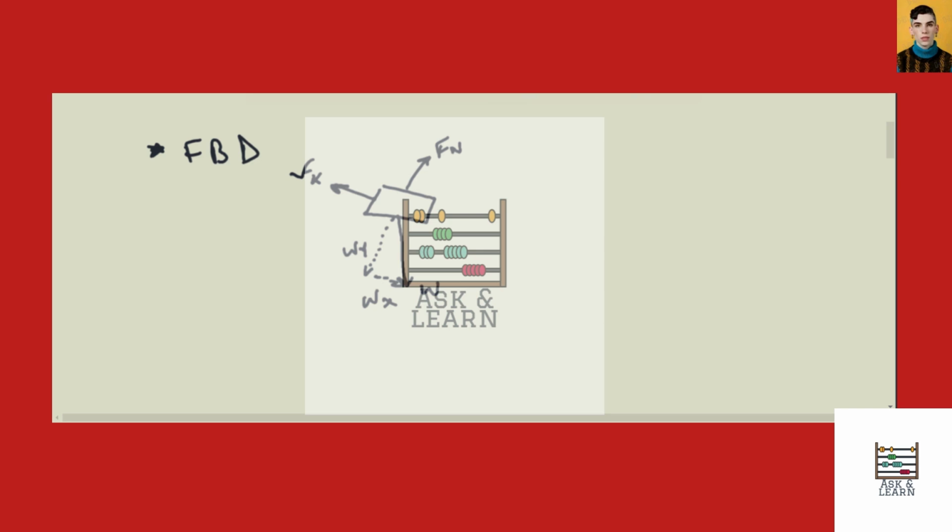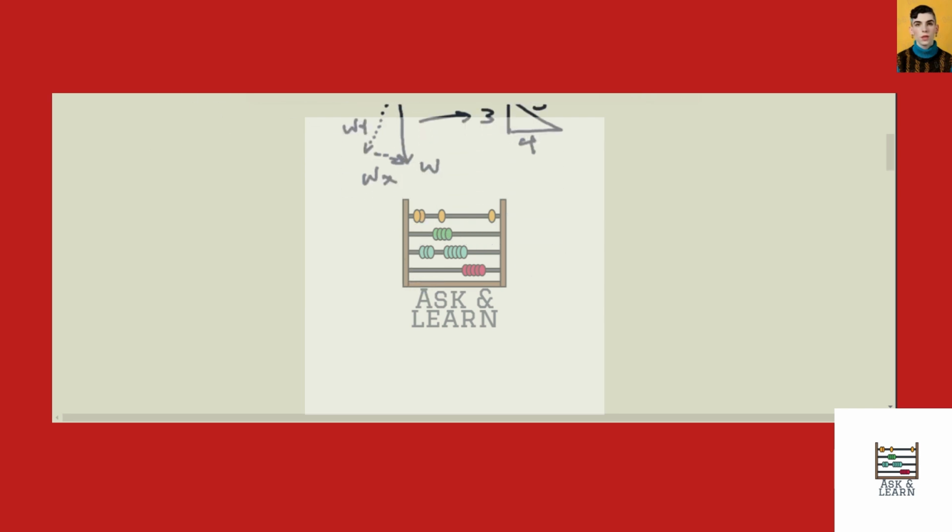To find the components wx and wy, we are given a little triangle to make the calculations simpler: 3, 4 on the bottom, 5 for the hypotenuse. Looking at weight in the x direction, we have the weight times the ratio 3/5, which we get from the triangle.